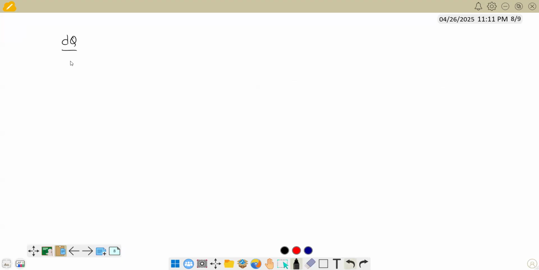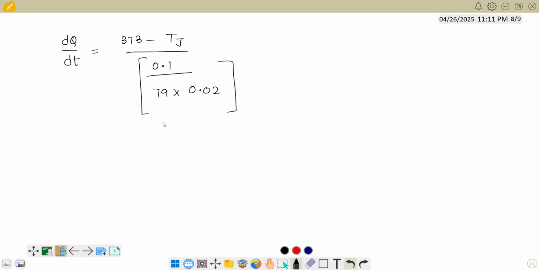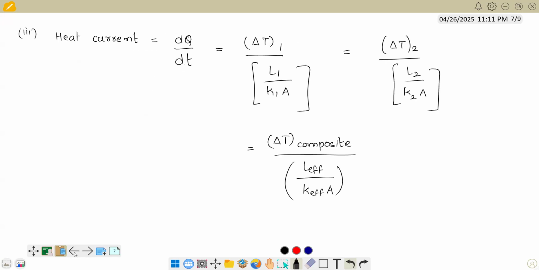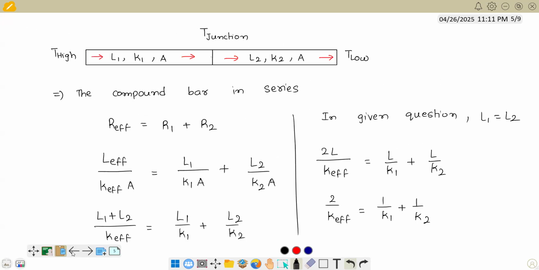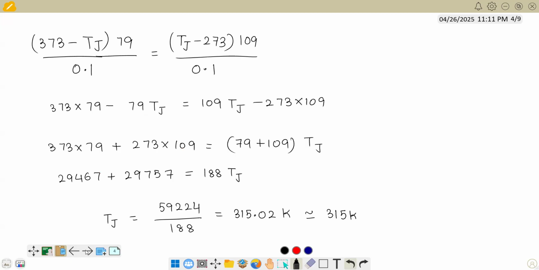So we get dQ by dt equals delta T. We got delta T as 373 minus T junction, divided by L1. The value of L1 is 0.1, divided by K1 value into A. The value of A given in the question is 0.02 meter square. Now 373 minus junction temperature, we got it as 315 Kelvin.